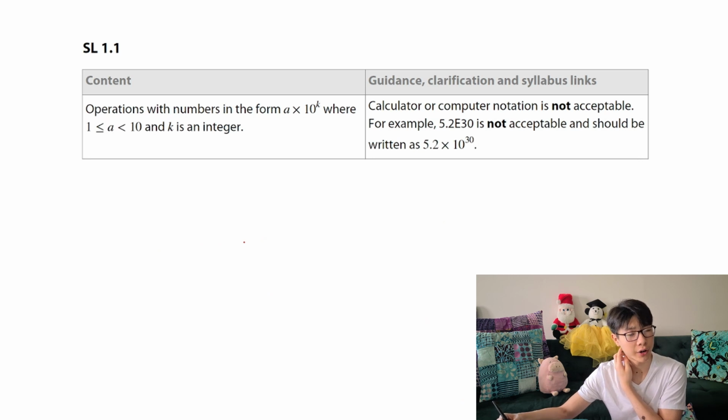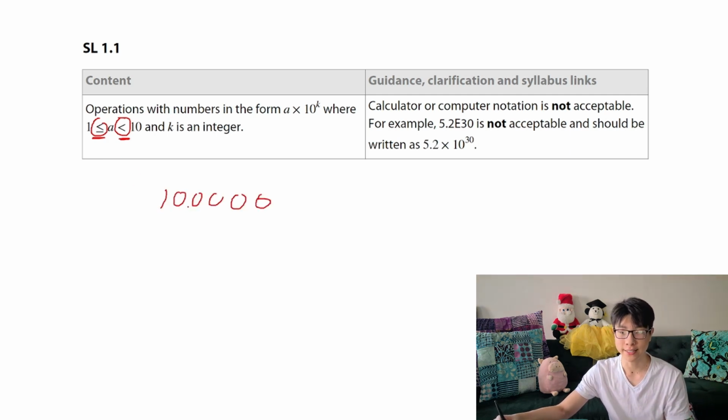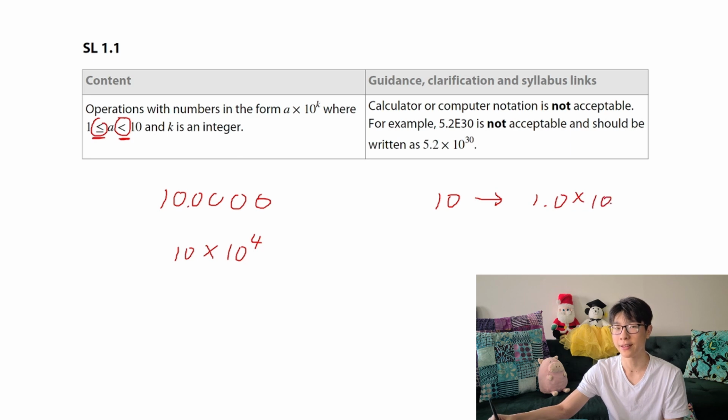Now, a quick thing to note with scientific notation is this inclusive greater-than sign and this exclusive greater-than sign. Why is this not included, and why is this included? Think about it this way. If we put the decimal place here, we're going to get 10 to the power of 4, all right? Because there are 4 zeros afterwards. Now, this looks fine, but we can actually simplify it further, because if we want to write 10 in scientific notation, we can write it as 1.0 times 10 to the power of 1.